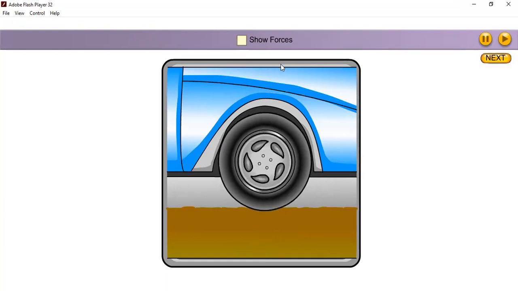Okay, when it's moving, let's look at the force. Now when it's moving, a force moving forward means there is the thrust or forward force. There will be a friction force moving backward that causes the car to move forward.